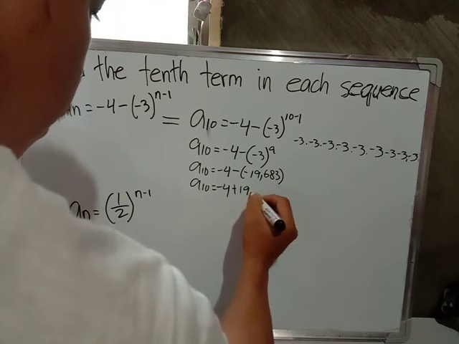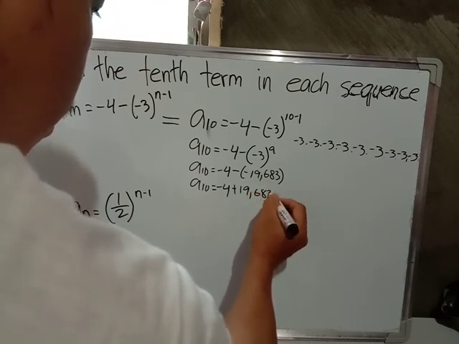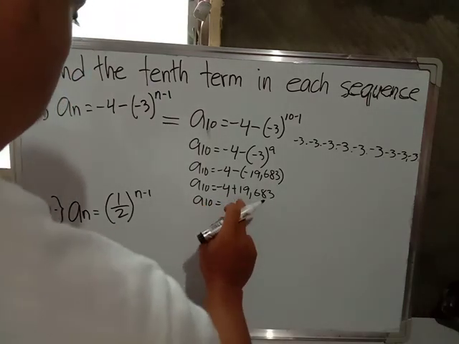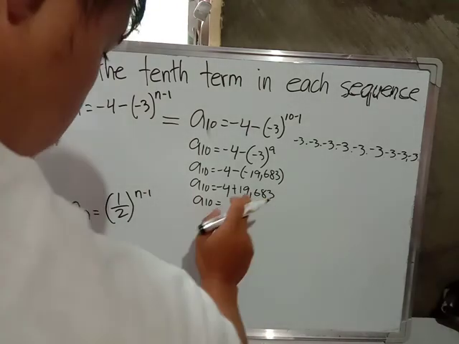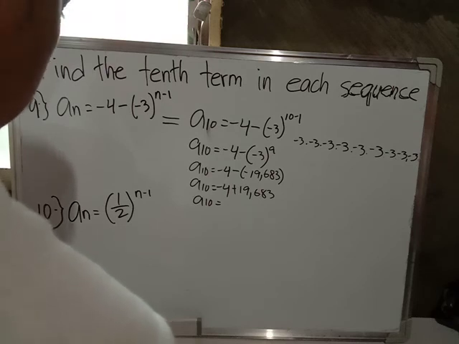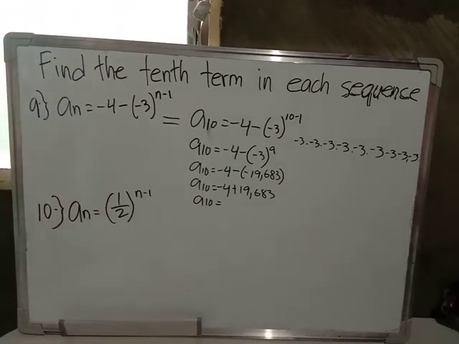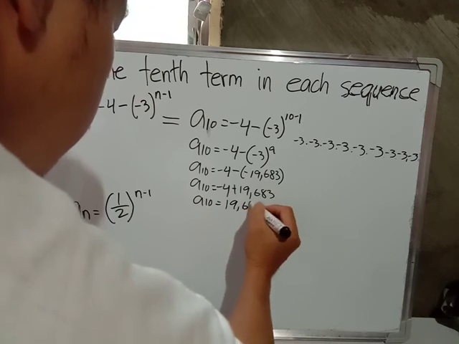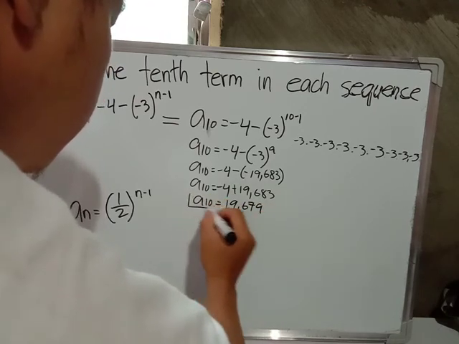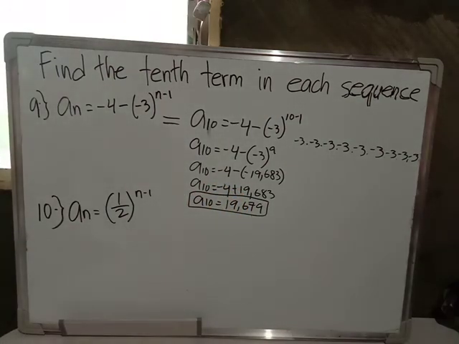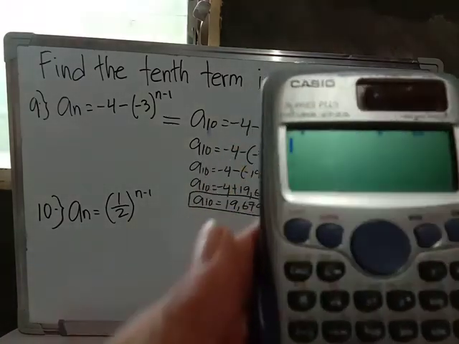So, 19,683 times 4 would be 78,732. Ganun lang.